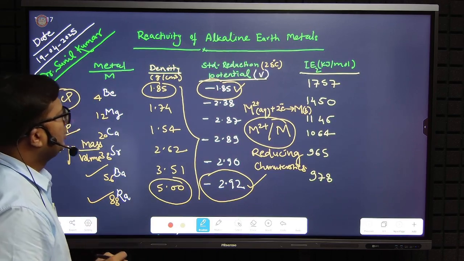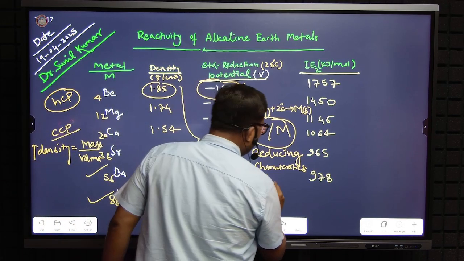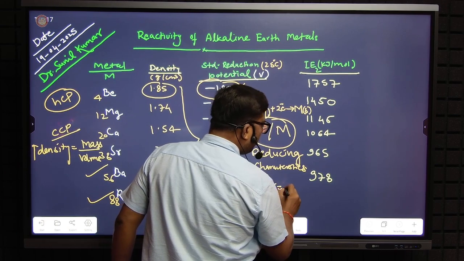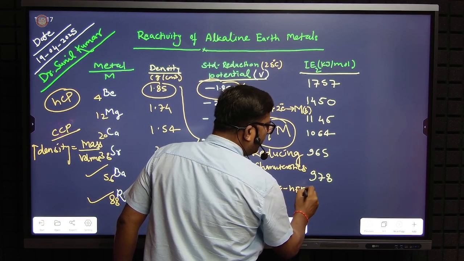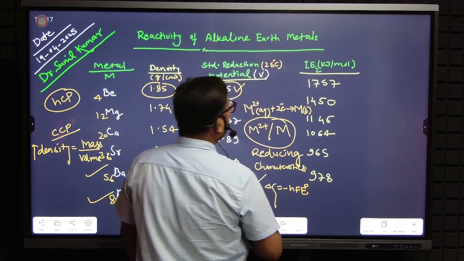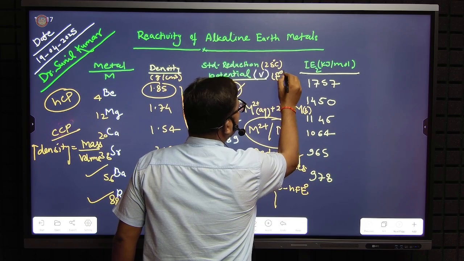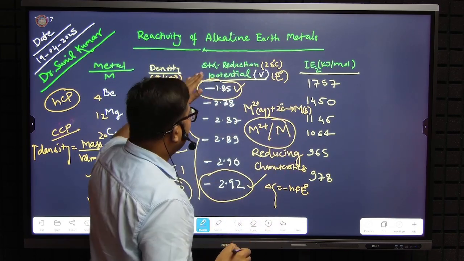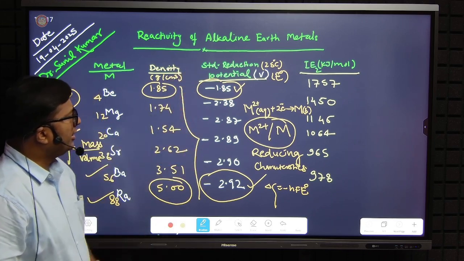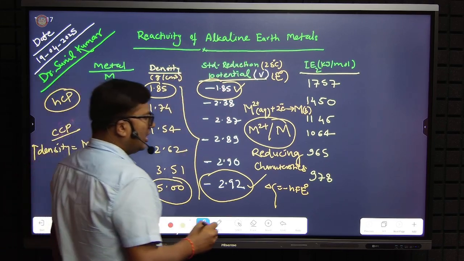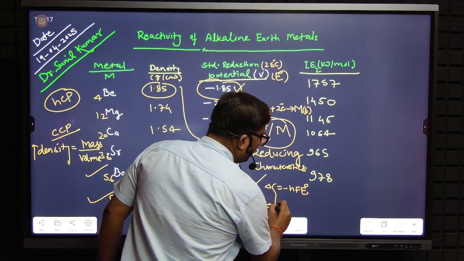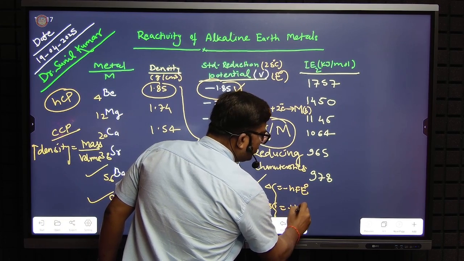Since delta G equals minus n F E0, right? Since all these E0 values are negative quantities, thermodynamically that will produce delta G positive.